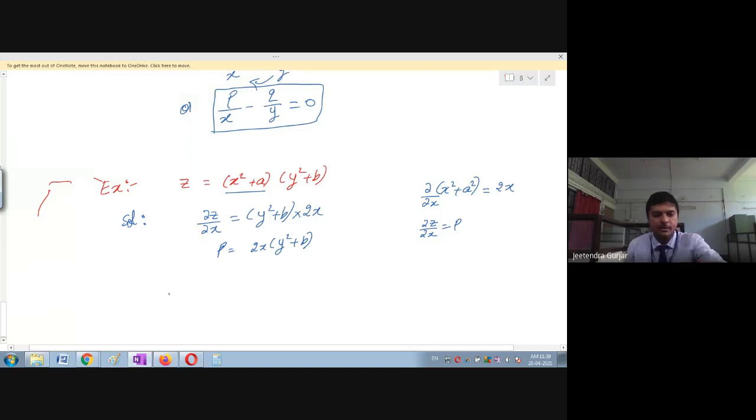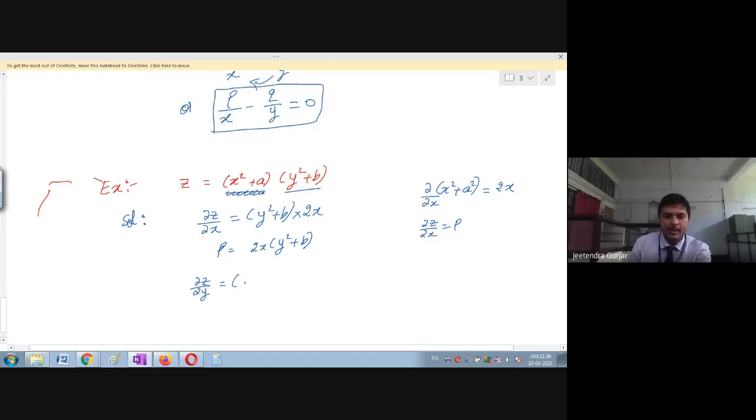First step done. Next step, differentiate partially with respect to y, written as dou z upon dou y, which is equal to, now in this again, this is variable, whereas this is constant.